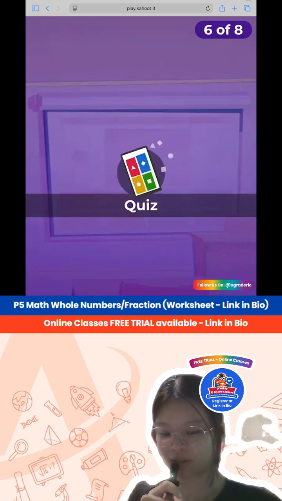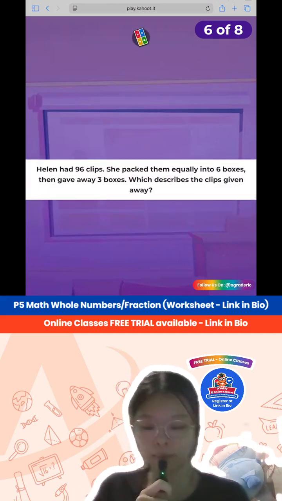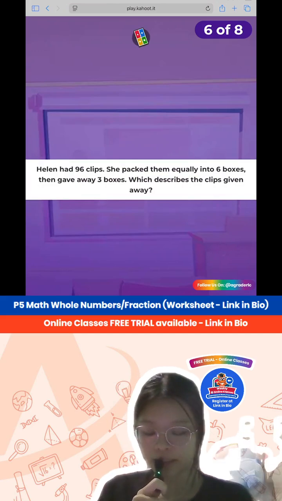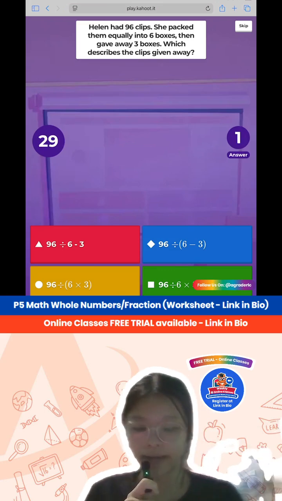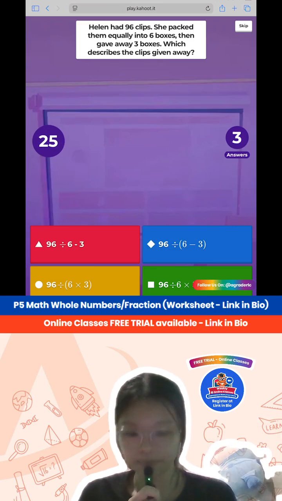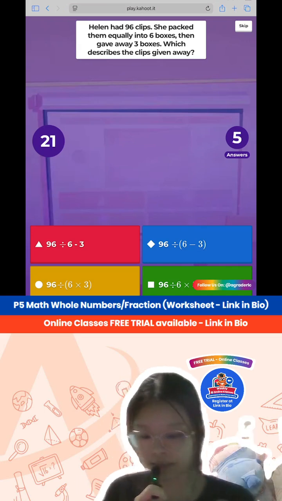Okay, 加油. Question 6. Question 6 has double points. Okay, this is, I think, an order of operations question. Helen had 96 clips. She packed them equally into 6 boxes and then she gave away 3 boxes. Which describes the clips given away?